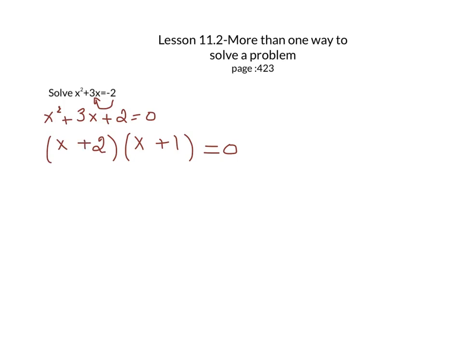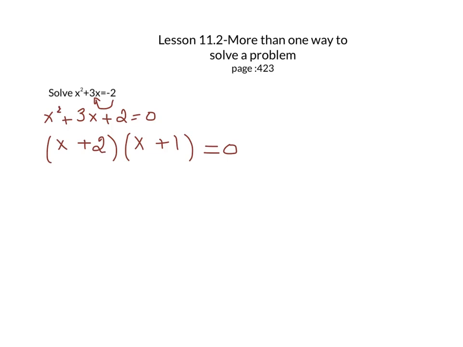After we factored this quadratic equation, we have to use the zero product property, also known as the null factor law. The null factor law states that if we have two factors whose product is equal to 0, then either the first factor is equal to 0, or the second factor is equal to 0, or both are equal to 0.